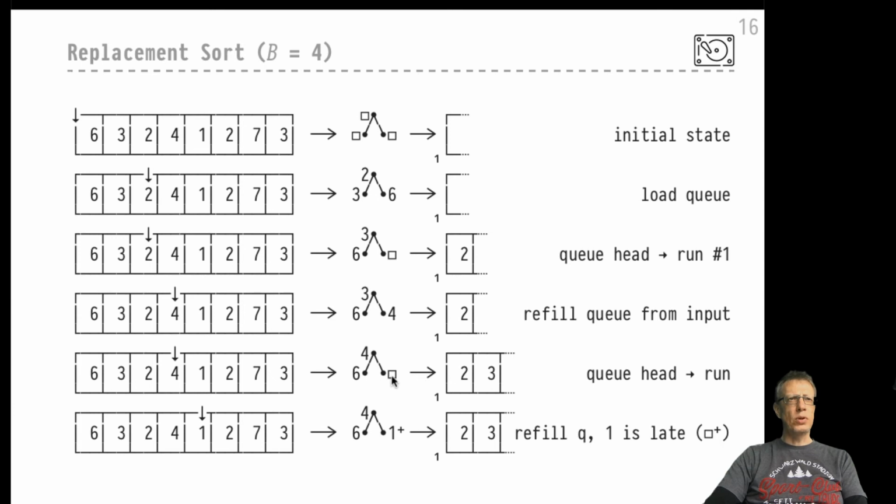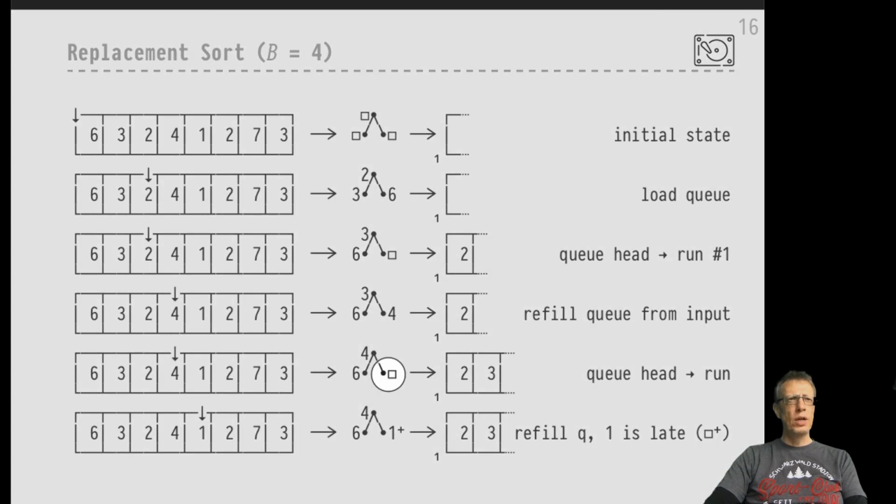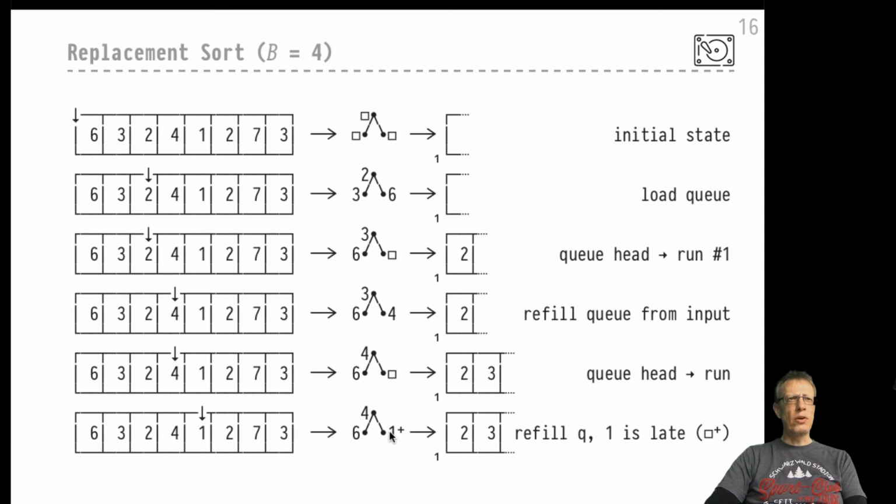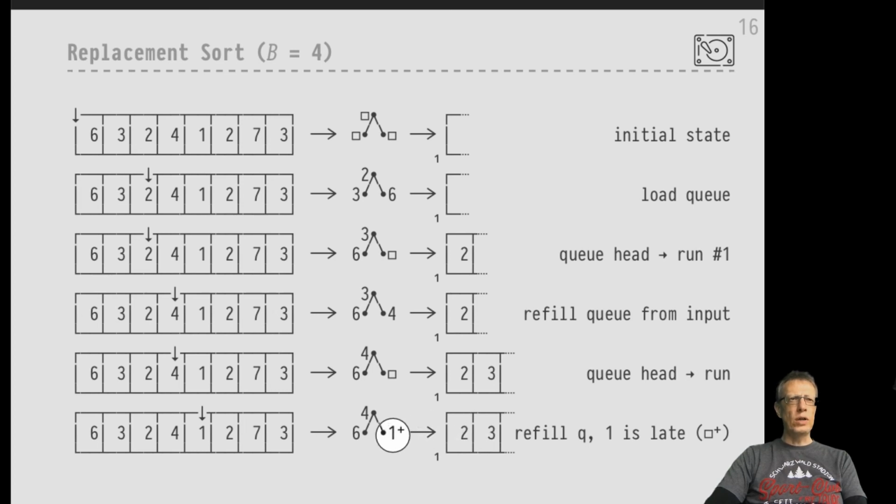An empty spot is available, so it's time to place the next element from our input file there. The next element from our input file is this 1 here. Okay, so it will be placed in the empty spot. This one arrives too late. The largest element that we have written to the output already is larger than the one that we have just read here.